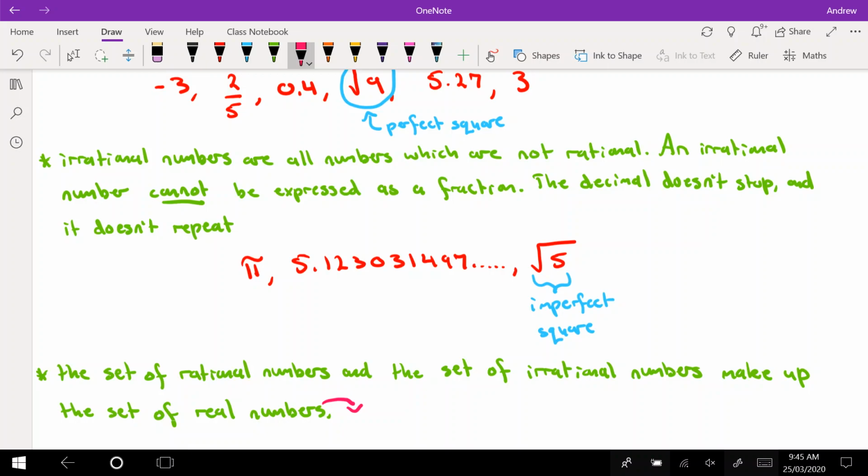And we have a label for the set of real numbers, and it looks like that. It's like a thick R, but I will always write it like that because you can't really write it any other way. All right? Now, when I say the set of real numbers, it's every number in the world that exists, okay? So all rational numbers and all irrational numbers, if I combine them together, I get all real numbers.